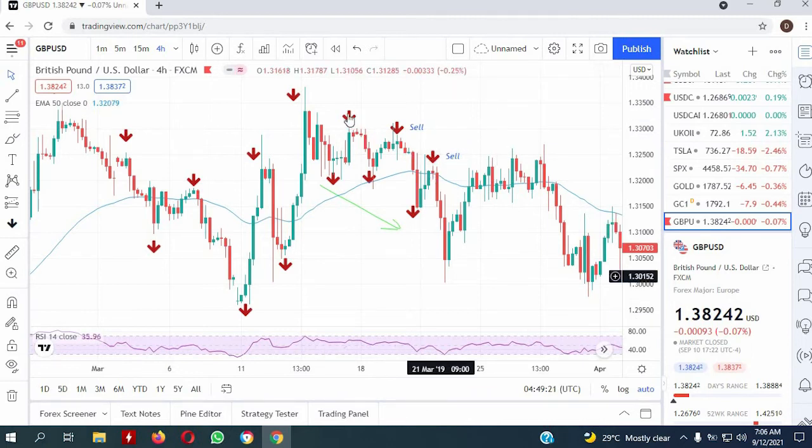Once the market is creating a series of lower highs and lower lows, once the market does not take out the previous lower high, the sell trade is still valid, right? So we're putting in our arrows again.